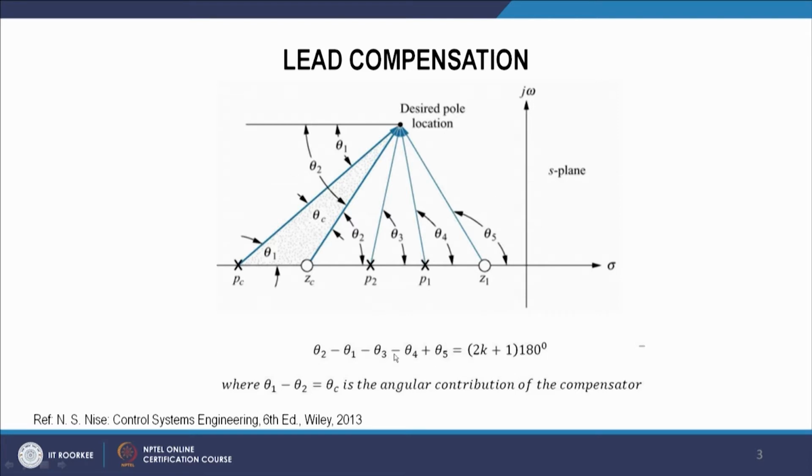We will see an example when we discuss the lead-lag compensation example.